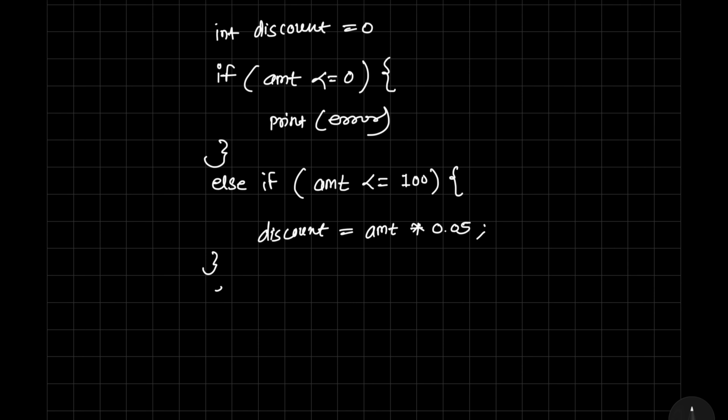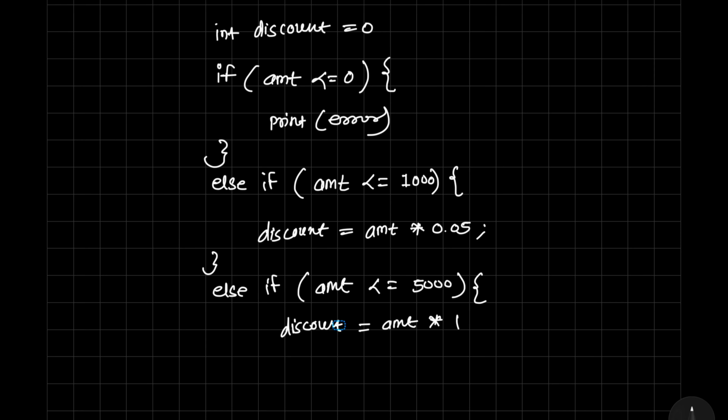Okay, then the third condition, else if amount is less than or equal to 5000 and more than 1000, the discount is equal to amount into 0.10, as we want to give a 10% discount. And the last condition, else, that means amount is above 5000, then the discount is equal to 15%. That means amount into 0.15. This is our approach to solve this logic.